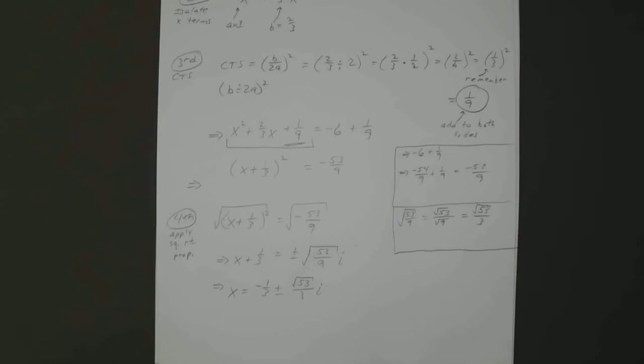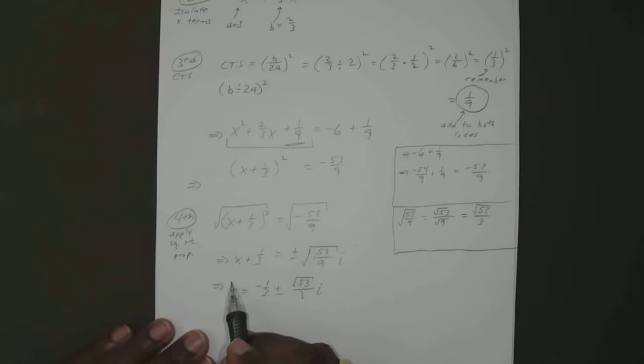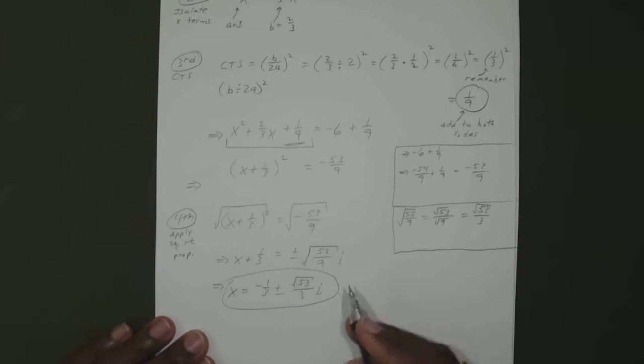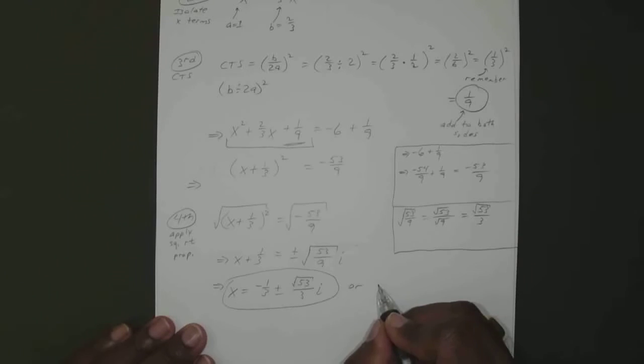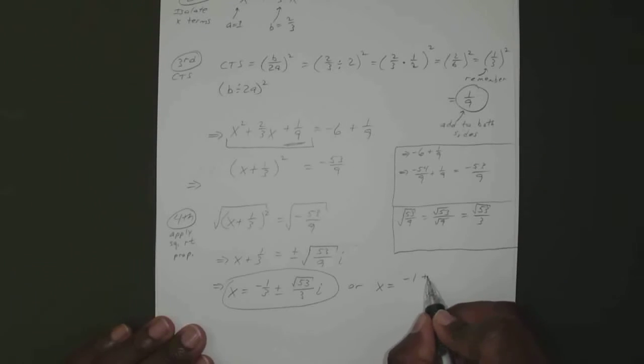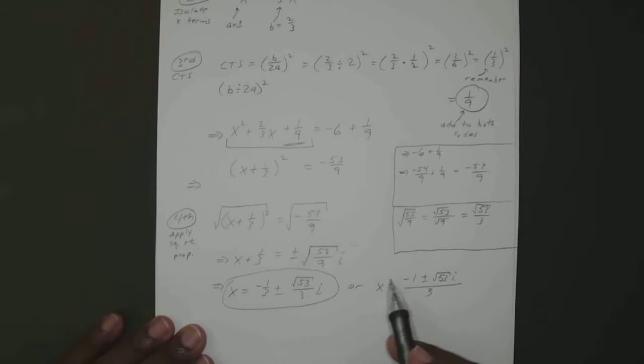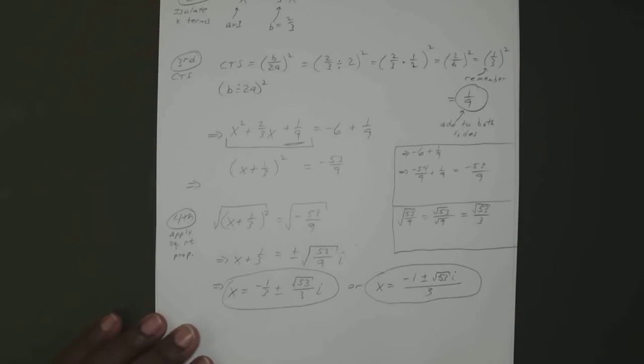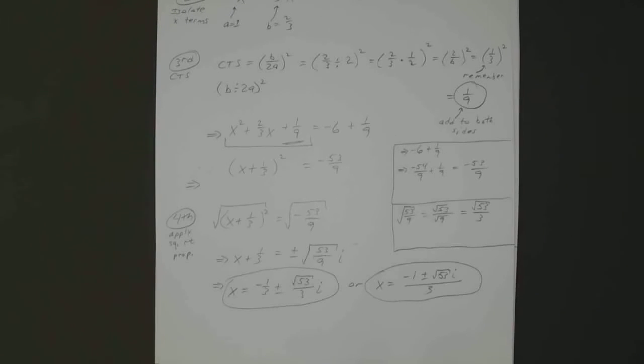Okay. Now, if you wanted to, you can leave it like that, or you can combine your denominators. So there are probably a couple of ways you can answer this one. So you can leave it like that, or you can make it x equals negative 1 plus or minus square root of 53i all over 3, since you have the same denominator. Or you can break them apart to two separate ones.